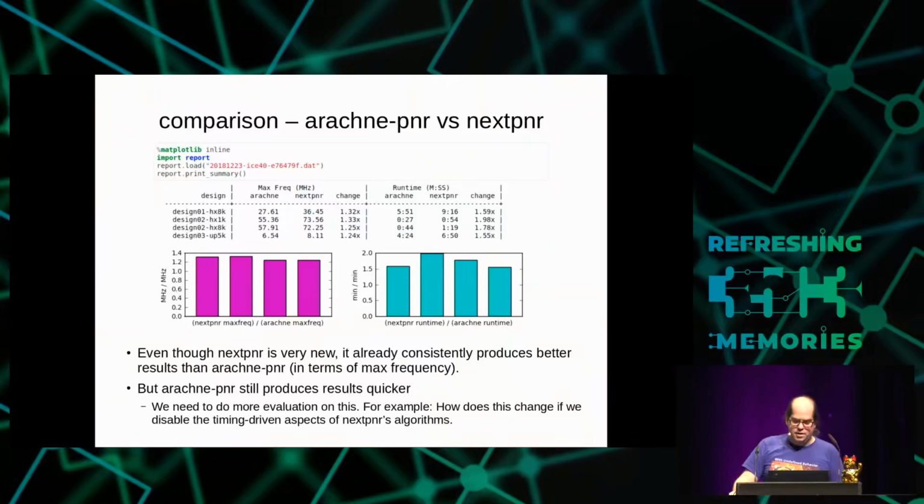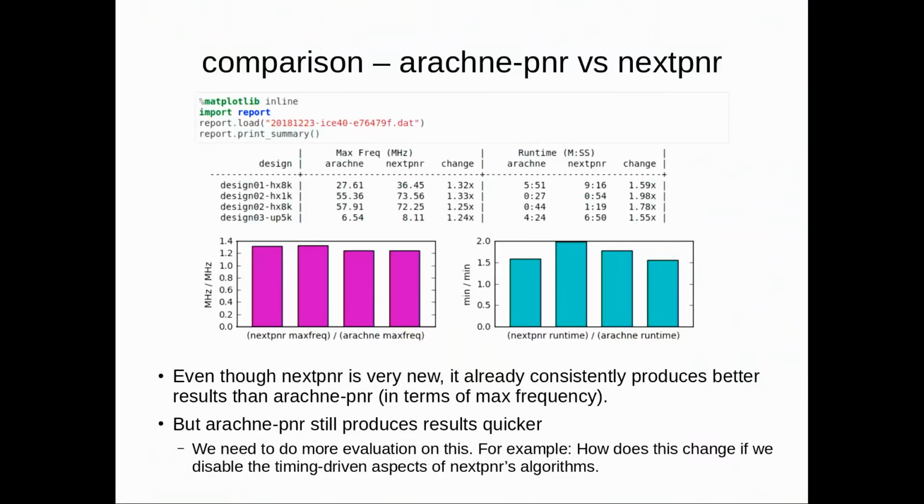Yeah, some comparisons between ArachnePNR and nextpnr. So this is nextpnr bench. Right now there are only a couple of designs in there. These are 10 runs with each tool with random seed values, and then the average. You can see in the center column of this table the maximum frequency.